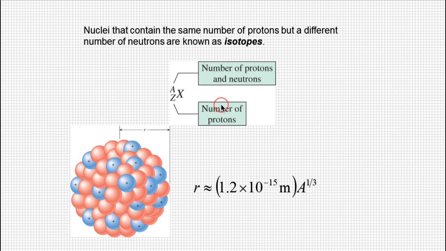Now when we're working with nuclei or nuclides, in other words, we're looking at the element of a particular atom and its nucleus, we use this convention where A represents the number of protons and neutrons, or the nucleon number, and Z represents the proton number.